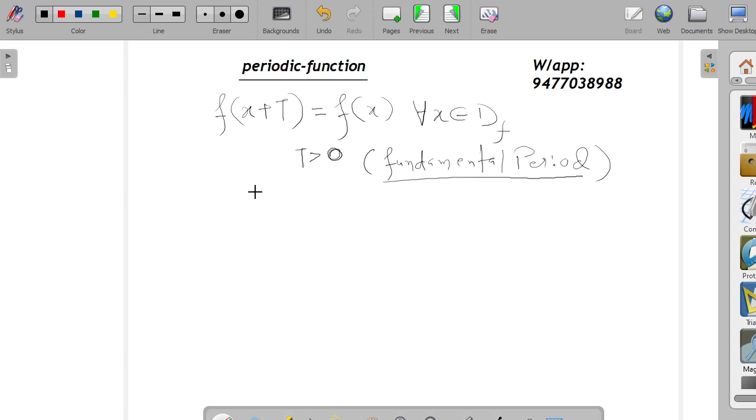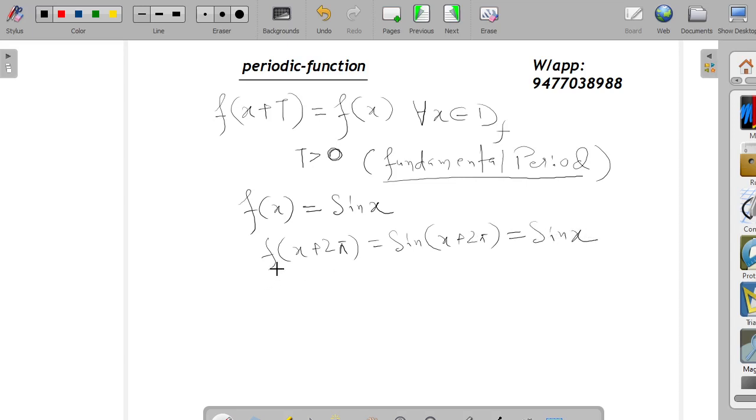For example, if we consider the function sin x, here f of x plus 2 pi, sine of x plus 2 pi, actually gives me sin x.